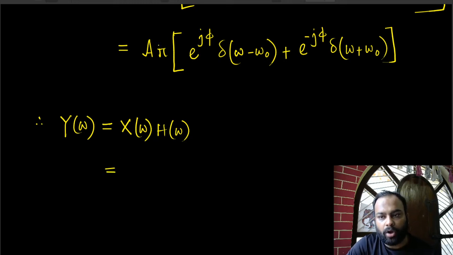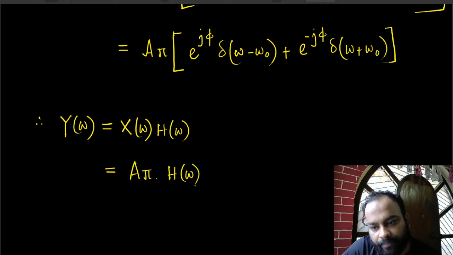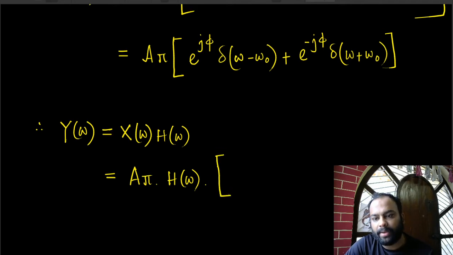I already know about this, this is X of omega. And H of omega is this one. So I have a pi, that's a constant, into H of omega into this entire thing. Why am I writing this? Let's copy paste.